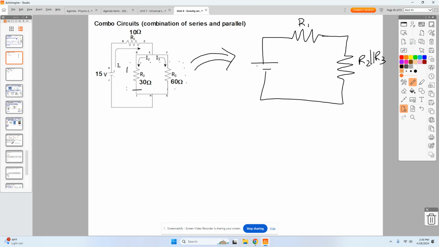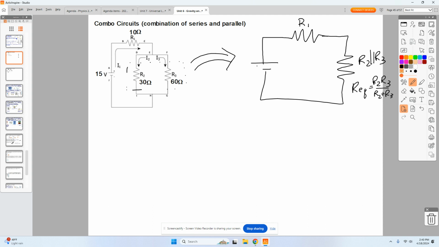I'm going to show you a little trick on how to calculate that value simply. Instead of having to do 1 over Req is equal to 1 over R1 plus 1 over R2 plus 1 over R3, when you only have 2 resistors and they are in parallel, the equivalent resistance is equal to the product over the sums. And you can prove that mathematically. You're finding the least common denominator, the LCD is R2 times R3. If I make each of those have the same LCD, it becomes a product over the sums.